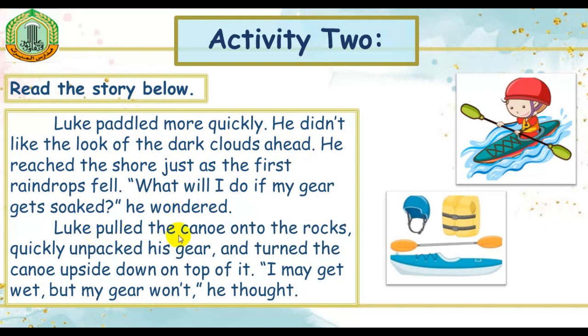Luke pulled the canoe onto the rocks, quickly unpacked his gear, and turned the canoe upside down on top of it. I may get wet, but my gear won't, he thought. Reread the short story before we proceed with the activity. So at this point, pause the video so that you reread the story and understand it.